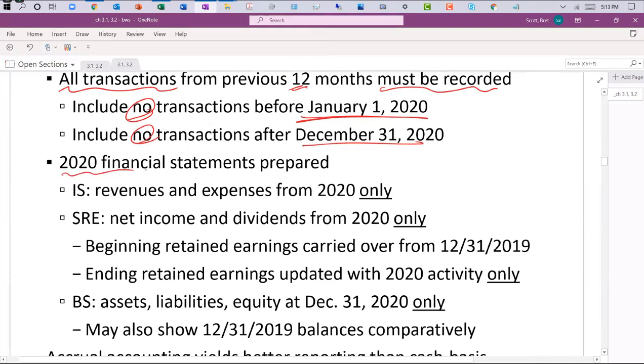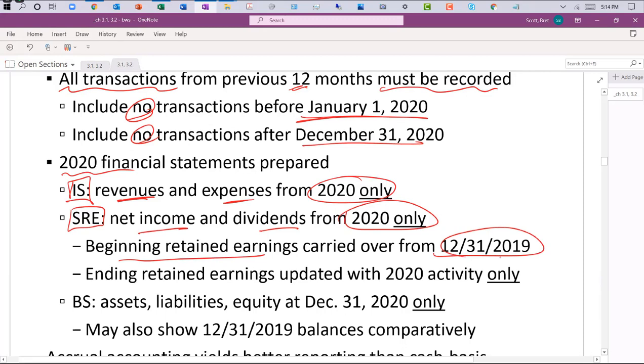When we produce the 2020 financial statements, we want to make sure that our income statement only shows revenues and expenses from 2020 only, nothing before, nothing after. Statement of retained earnings is going to show net income and dividends from 2020 only. Yes, beginning retained earnings is carried over from last year's ending retained earnings, 12/31/2019. But that's just the starting point.